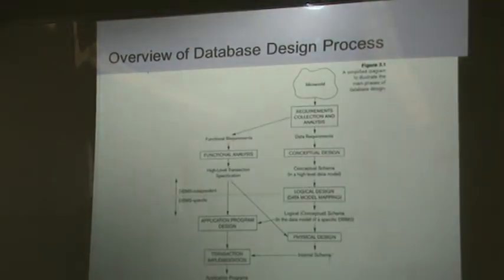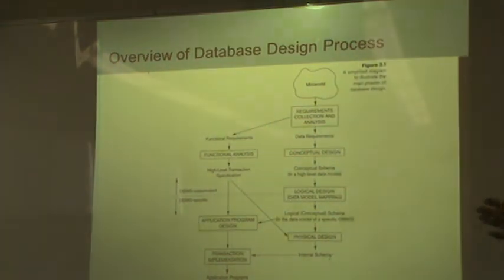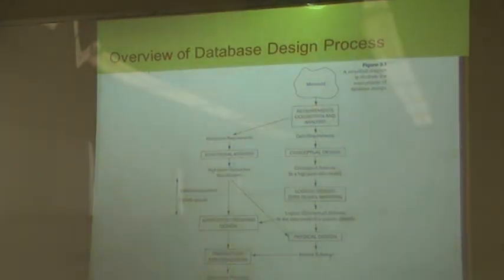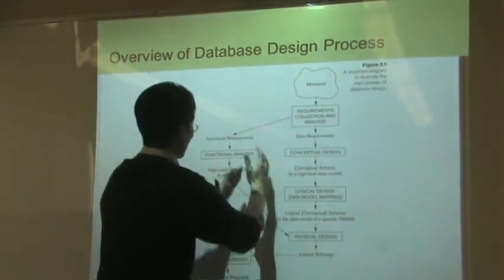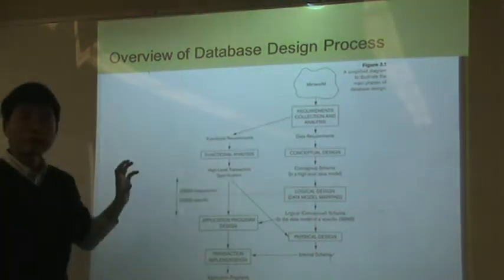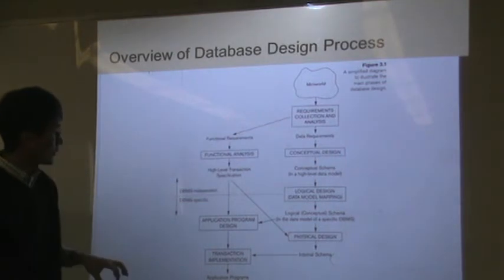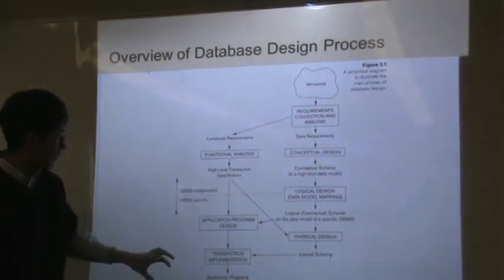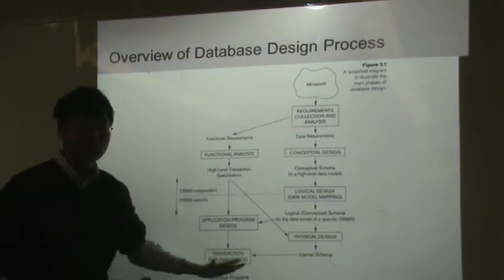Before we start the ER modeling, the logical modeling, this diagram shows the overview of the database design process. Look at this part or this part. You have a problem, then you have the functional analysis, high-level transaction specification, application program design, transaction implementation, application program.